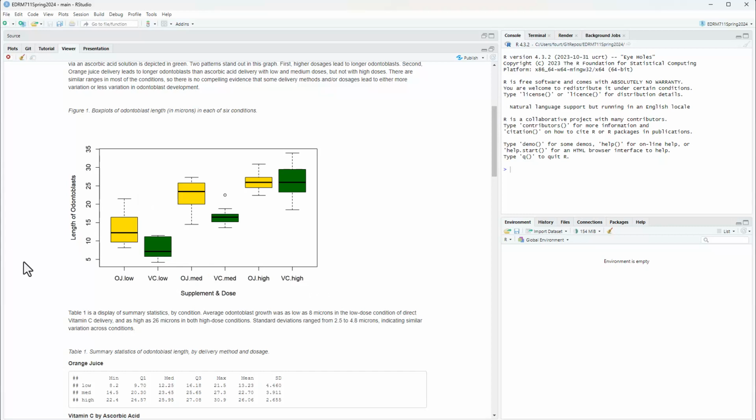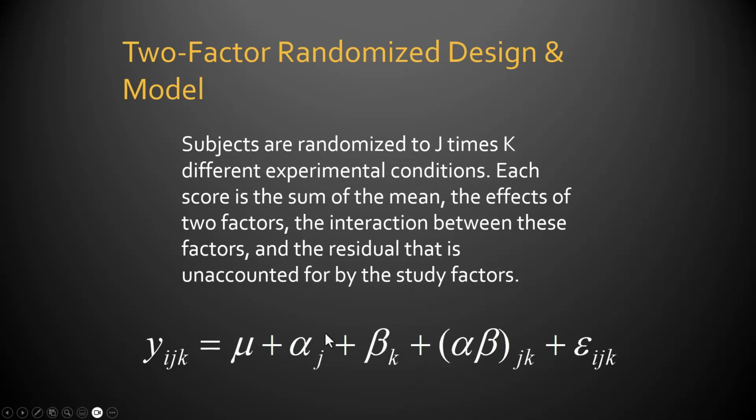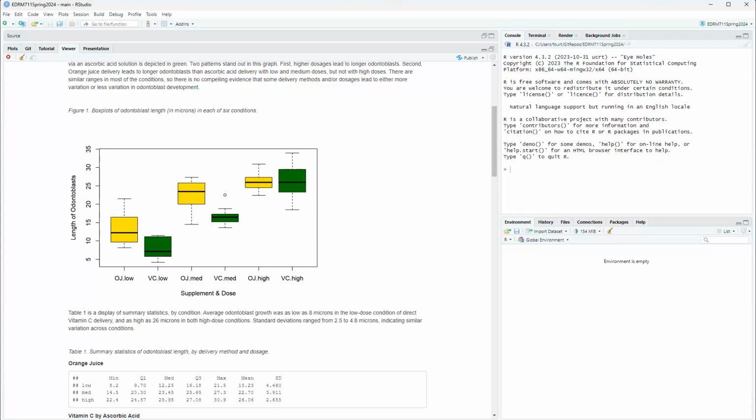So the two factors here are the supplement type and the dose, the method of delivery and the dose. We have a factor for supplement and a factor for dose, or vice versa. It doesn't matter really which way you call those.